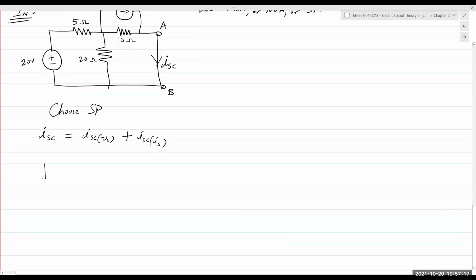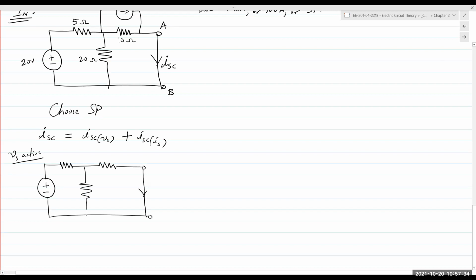I'm going to redraw it for Vs active. Ohms, 5 ohms, 10 ohms. This would be ISC due to Vs.